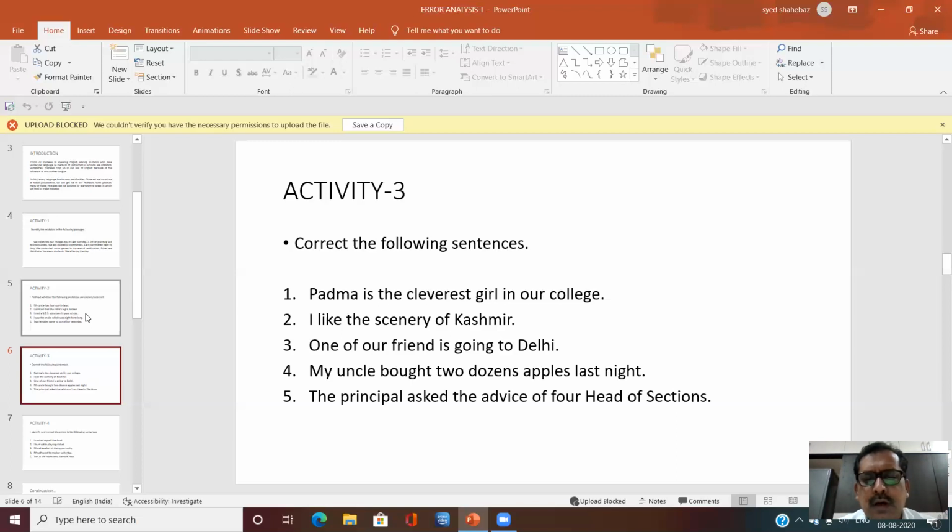The principal asked the advice of 4 head of sections. The correct sentence is, the principal asked the advice of 4 heads of section. 4 heads of section. Plural S is after the word head, heads of section, not head of section.